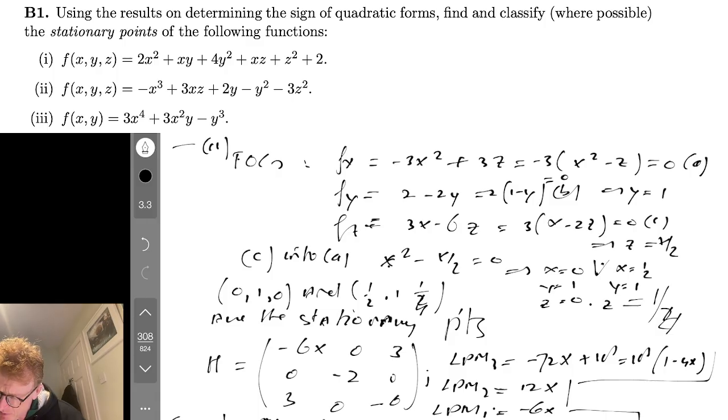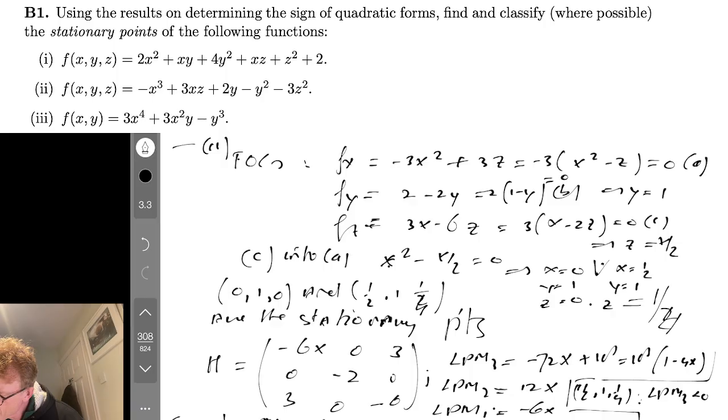For the other stationary point, it's half, 1, quarter. We get LPM 3 is less than 0.